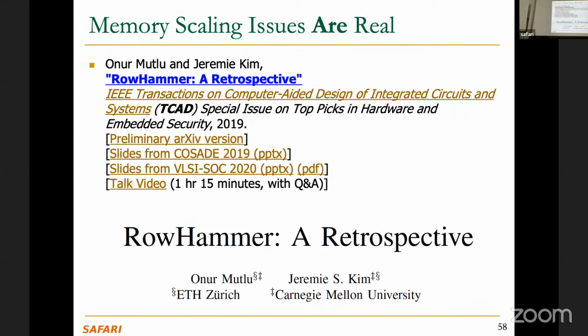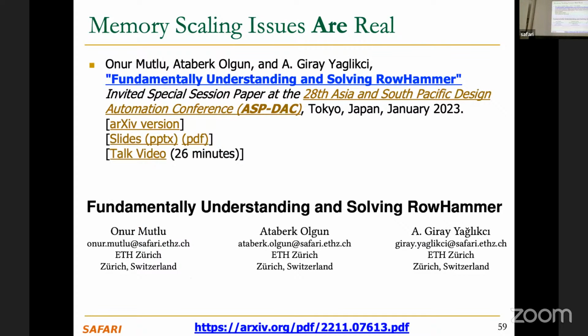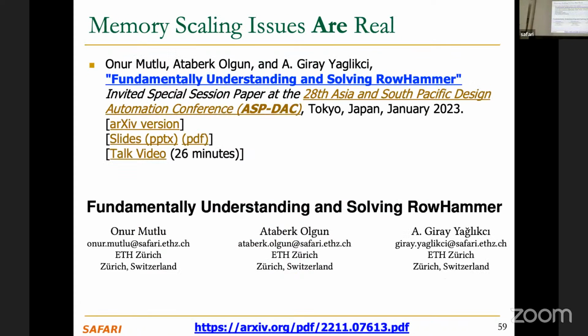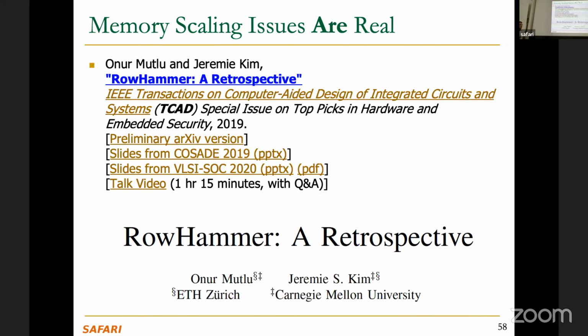And the question is, all of these works were done in 2014. So all of these attacks were done in 2014 for mostly DDR3 chips, and then later on we revisited more modern DRAM chips themselves to see if this RowHammer problem was solved after the initial publishing of that paper in 2014, and we saw that the problem, even in modern DRAM chips, was still not solved.